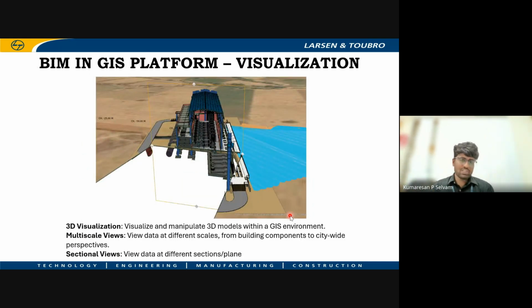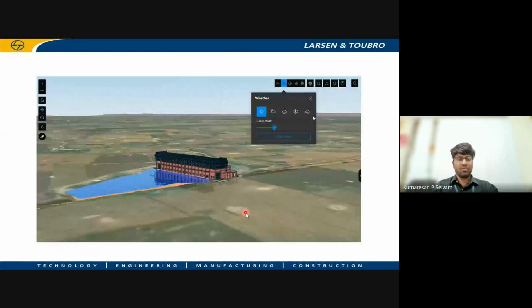So this is how visualization will look. Visualization and manipulation of the whole 3D models, and you can see this in multi-scale views. You can even zoom in, zoom out, you can walk through inside everything. And also here you are seeing a sectional view, and you can also create a section in between the building, and you can even view that also. So visualization is more enhanced in a BIM-GIS integrated platform.